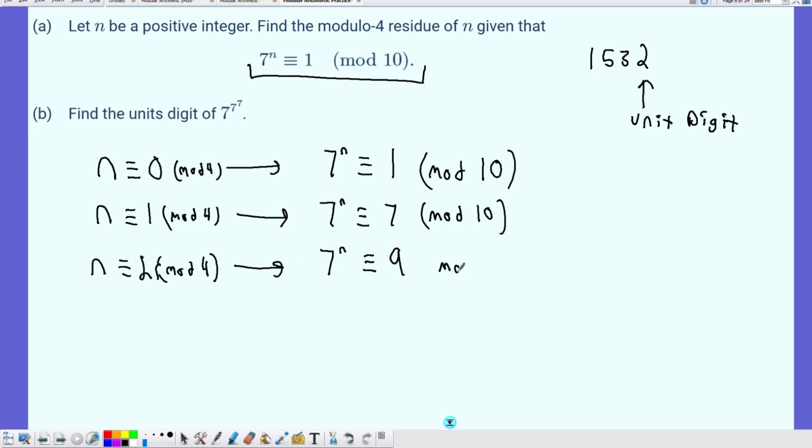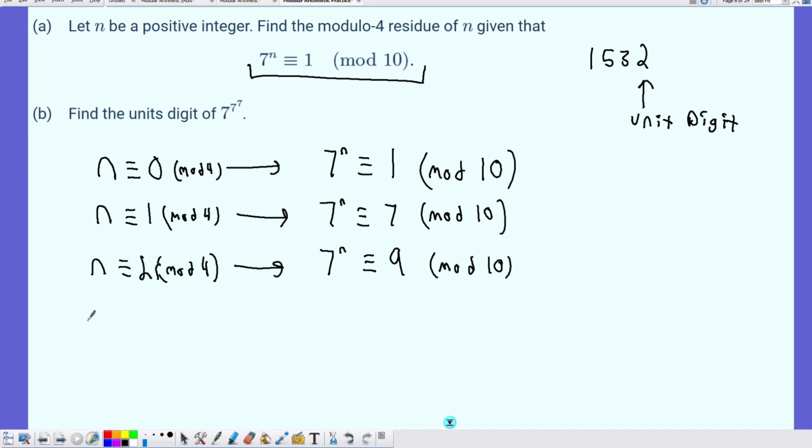The reason we're utilizing mod 10 is because that is what will hand us that ones digit, that unit digit place, since mod 10 is going to take away everything except for the remainder after division by 10. So all you're left with, the remainder in this case, is your units digit.